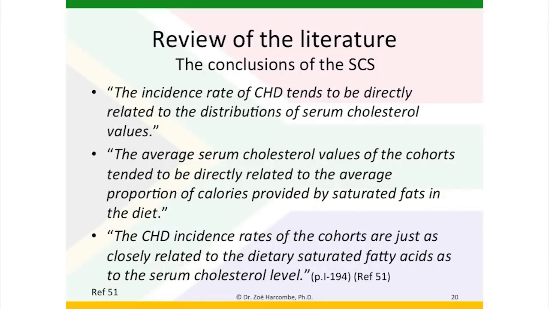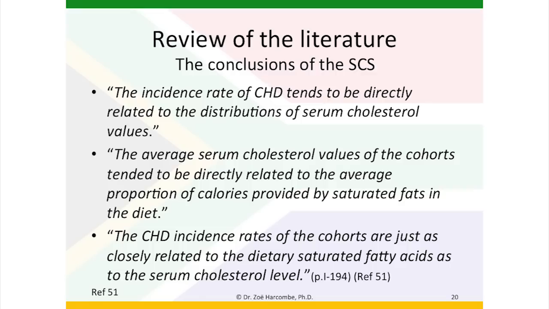So that's the context for this study that ended up being perhaps the most important dietary study to influence dietary guidelines going forward. And the conclusions of the 7-country study, as we said at the beginning of this section of this presentation, were that the incident rate of coronary heart disease tends to be related to blood cholesterol levels.